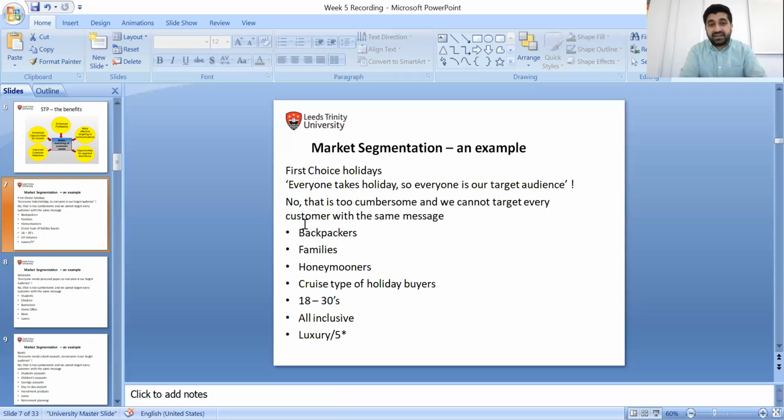How? We can see here, we have to be specific based on backpackers, and customized based on families.